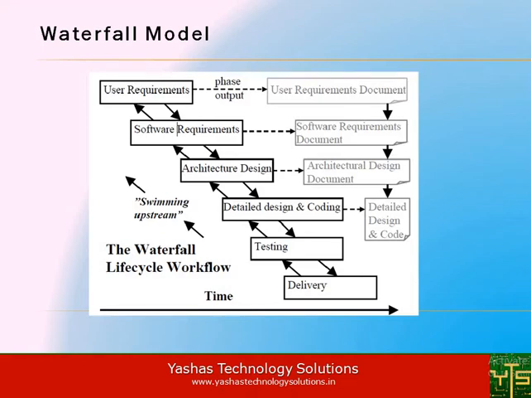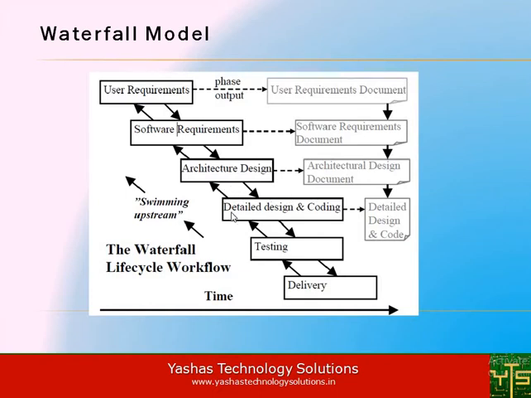While we have the waterfall model captured here, the user requirements output would be in terms of a user requirements document, and the software requirements output could be in terms of a software requirements document. Architecture design could be the output in terms of an architectural design document.